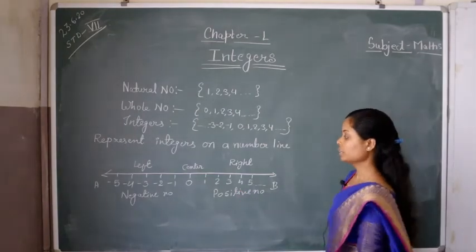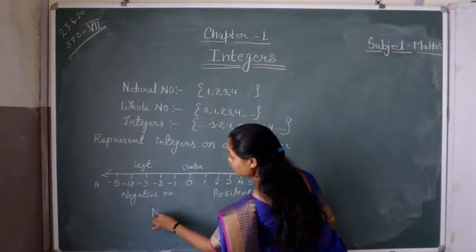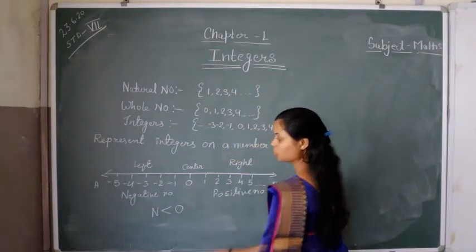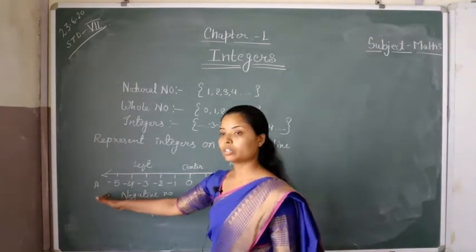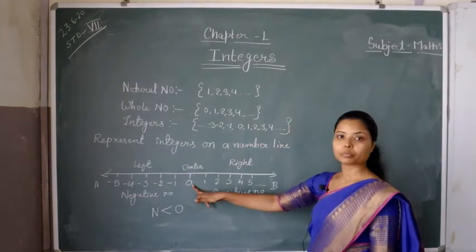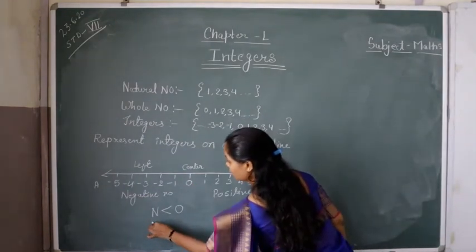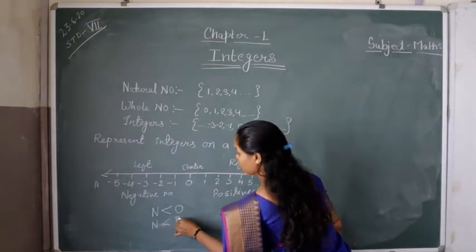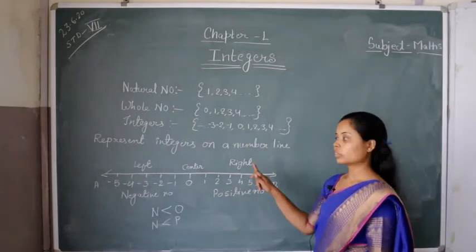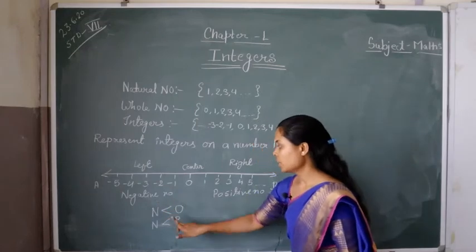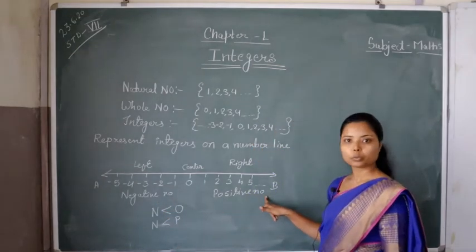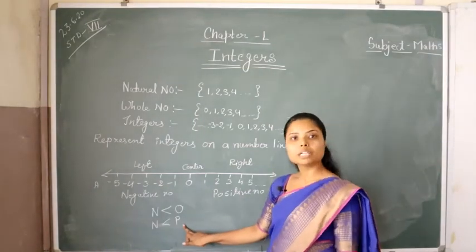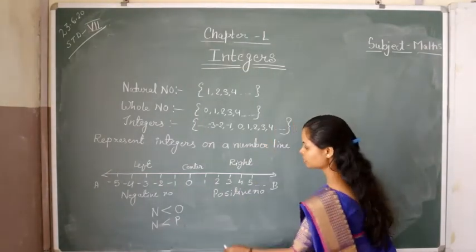On the number line, negative numbers are always less than 0. Any negative number is less than 0. Negative numbers are less than positive numbers too. So we can say that positive numbers are bigger than negative numbers.